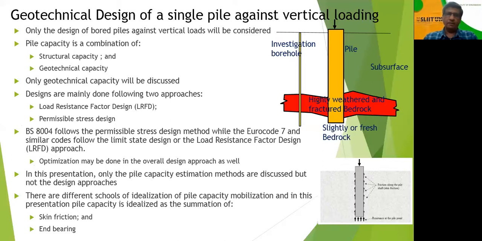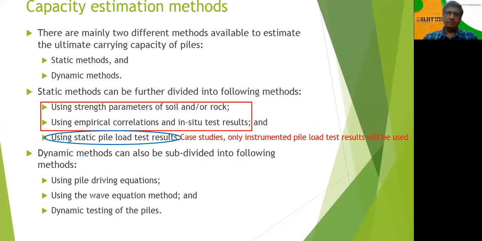Now when we talk about the design approaches, design methods, the design methods mainly have capacity estimation methods. We can say static methods and dynamic methods. We will discuss only the static methods here. Basically we will talk about how we can use the strength parameters of soil and rock, and then the empirical correlations related to in-situ testing that we can use to get the capacities.